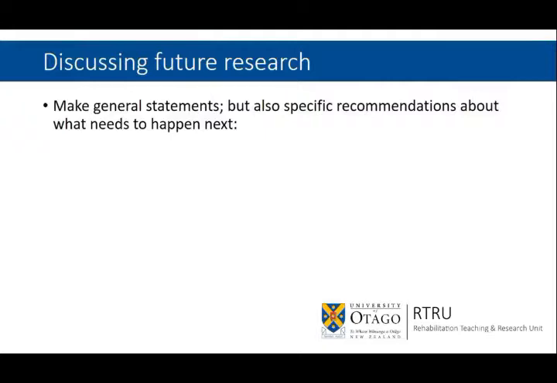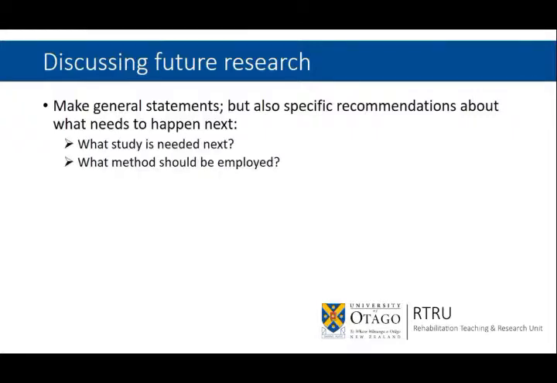You want to make general statements about future areas of research, but also provide specific recommendations about what needs to happen next, what study is needed next, what methods should be employed, what is needed to do these types of studies.